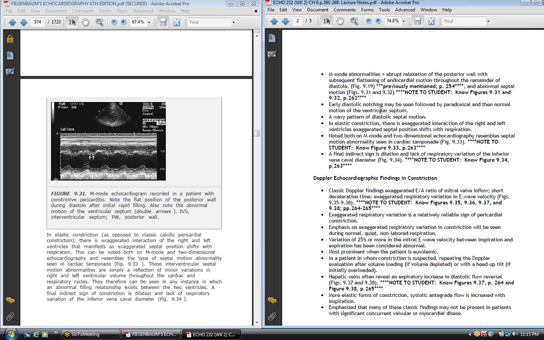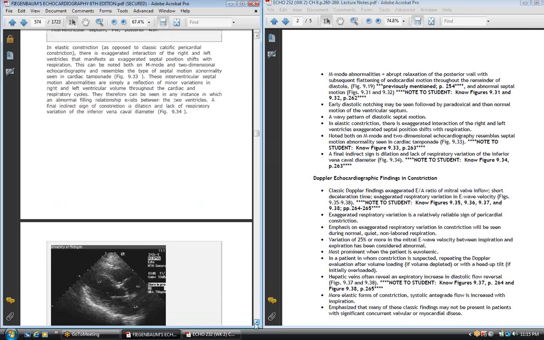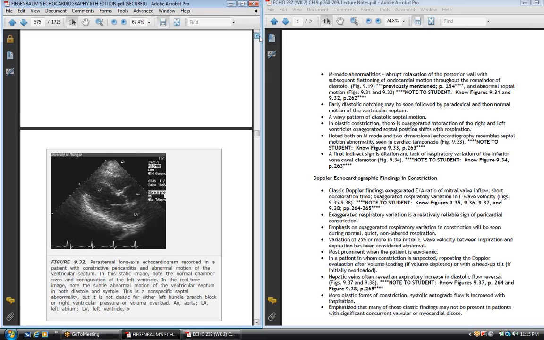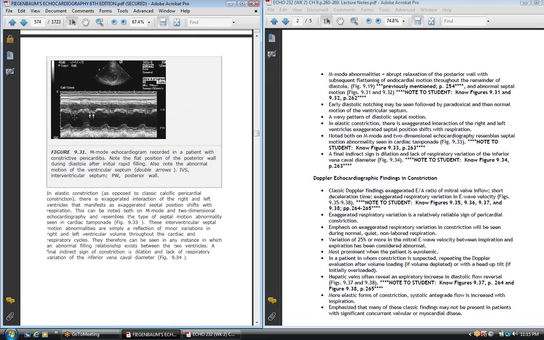So you have early diastolic notching that may be seen, followed by paradoxical and then normal motion of the ventricular septum. Paradoxical, moving out of order. A wavy pattern of diastolic septal motion. Wavy, these two bumps. In elastic constriction, there's exaggerated interaction of the right and left ventricles, with exaggerated septal position shifts with respiration. You'll notice in this particular figure, 9-31, it's a very uniform motion across.